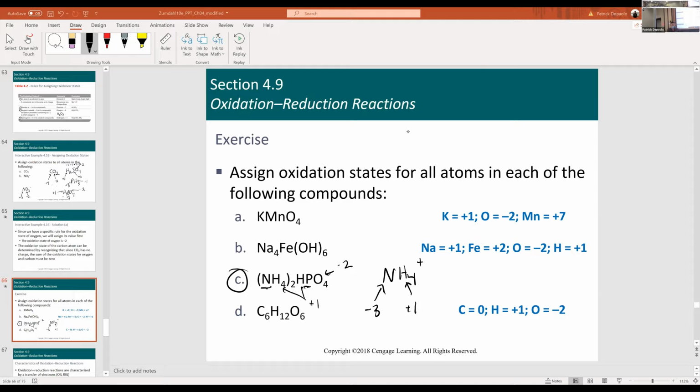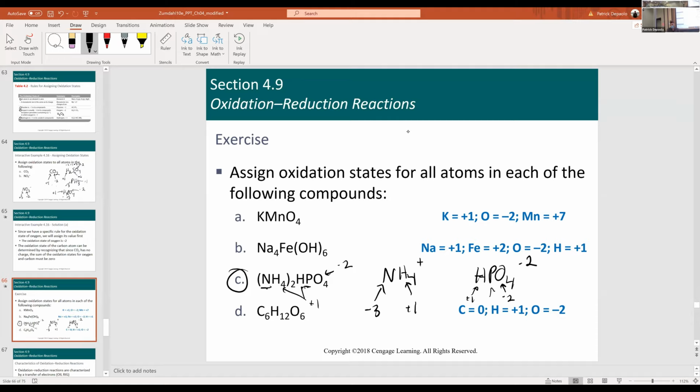And then we do the same thing for HPO4. So HPO4 has a 2- charge, because H3PO4 and then H2PO4 is -1, HPO4 is -2. So in this case, you have oxygen is -2, hydrogen is +1. So you'd have -8 plus 1 is minus 7, or it would be plus 7, but it has to be negative 2 total.